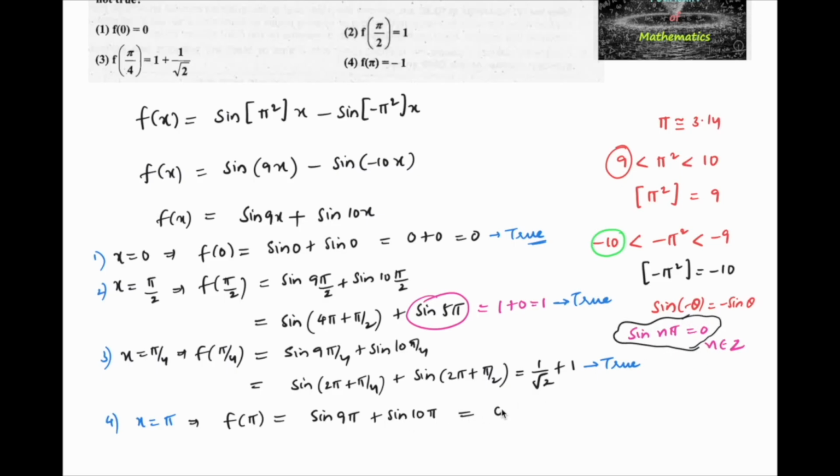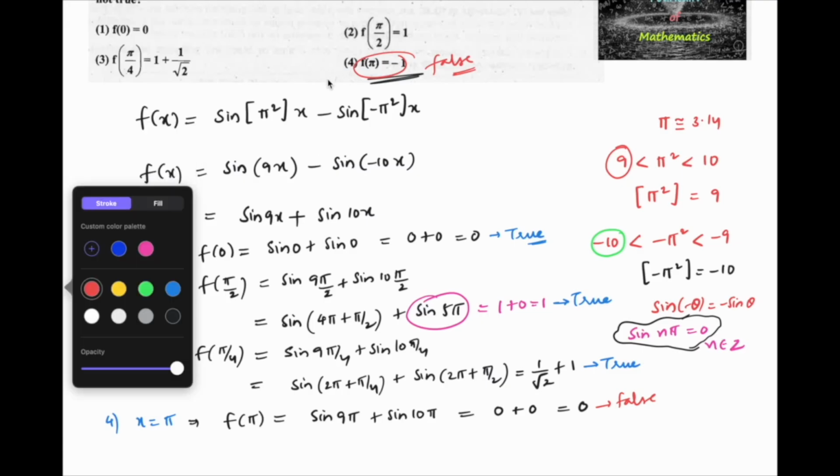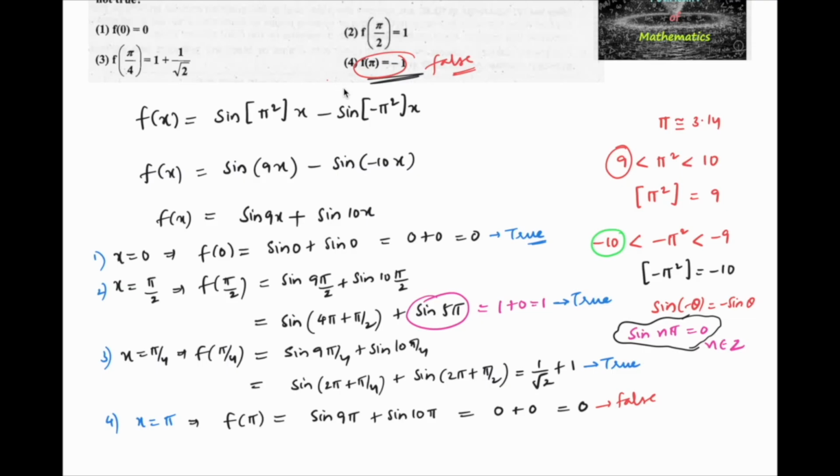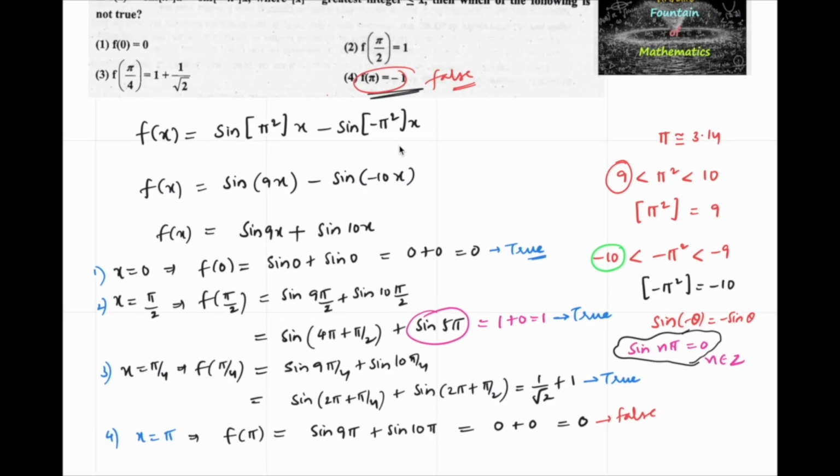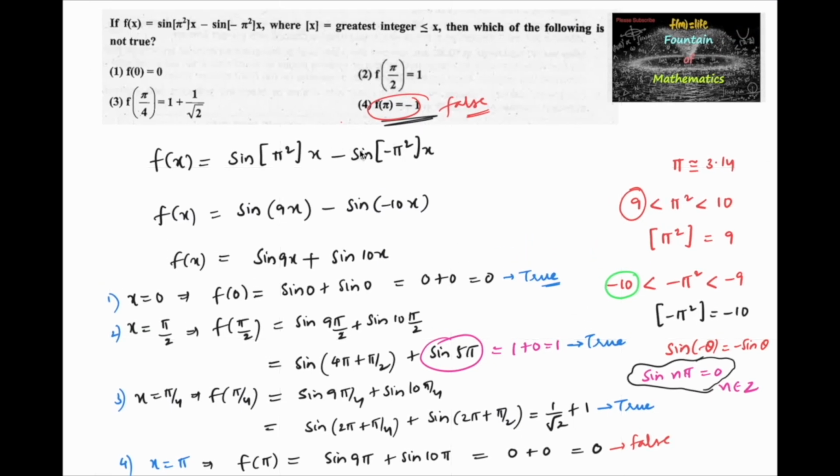So this is 0 plus 0, which is equal to 0, but given it is minus 1. So this is false, not correct. Therefore we can say that for the question, which of the following is not true, option 4 is the answer.